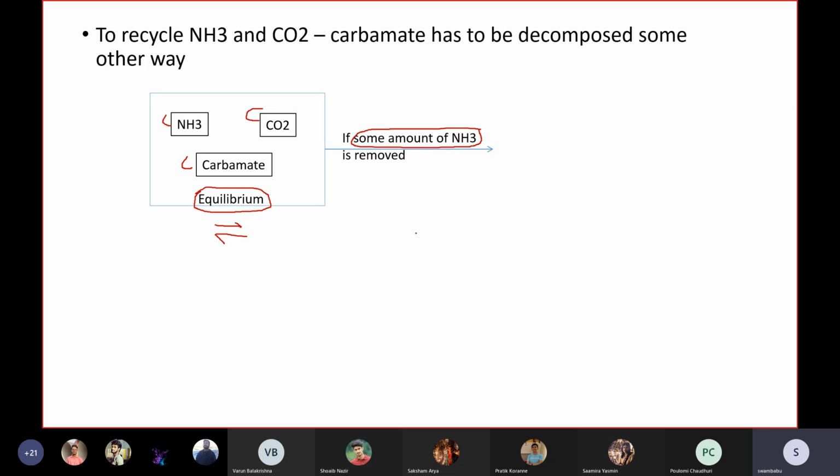Any guess from the students? Please think about it. If I disturb the equilibrium, will the system again want to reach the equilibrium or not?